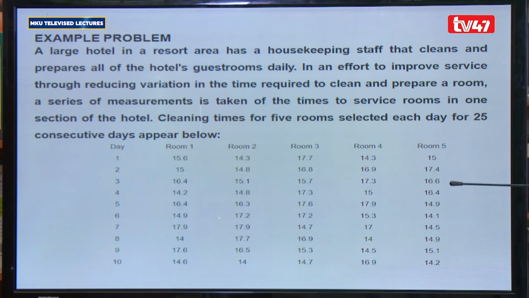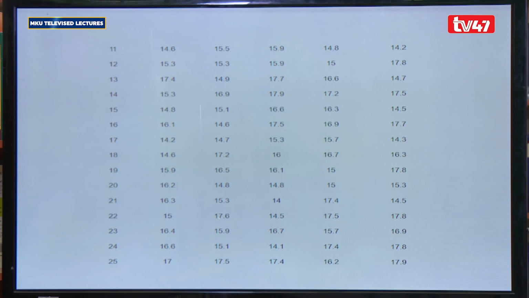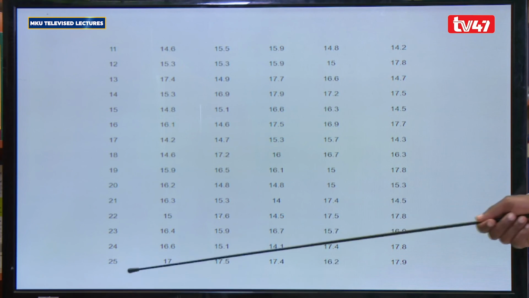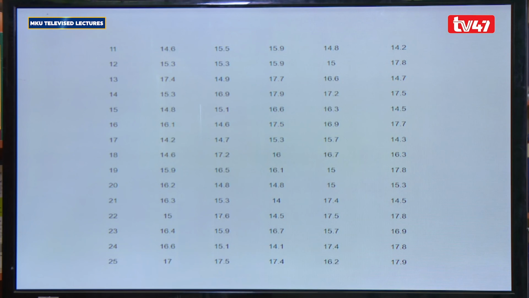Cleaning times for 5 rooms selected each day for 25 consecutive days are recorded as follows. So we have the first column where we have the days, and this has been done for 25 days. Then we have the time taken for room 1, room 2, all the way to room 5.